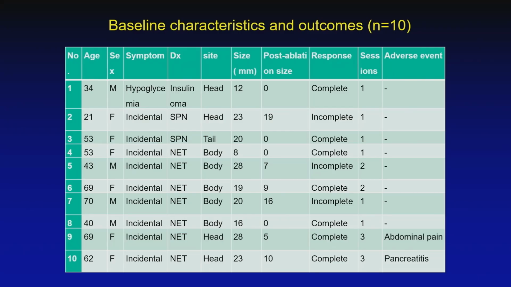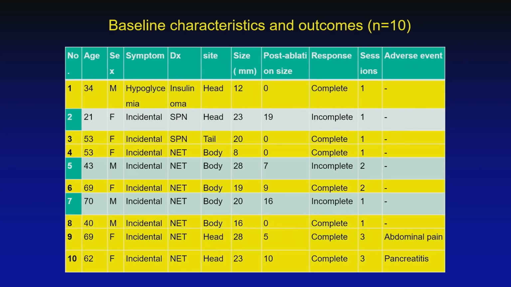Our early study of EUS-guided RFA for benign solid pancreatic tumor enrolled 10 patients, NET, SPN, and insulinoma cases. Among them, 70% of the patients showed complete resolution, and the complications were minor abdominal pain or pancreatitis.